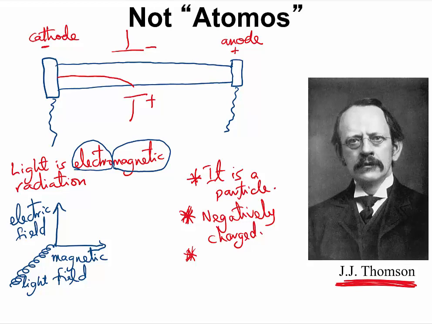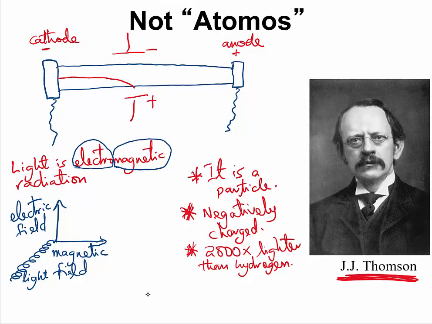So, the next consequence of this experiment, the beam is about 2,000 times lighter than hydrogen, which is the lightest known element. This beam that was discovered from this experiment is now what we call the electron. This was the discovery of electrons, and one electron is about 2,000 times lighter than the lightest atom.